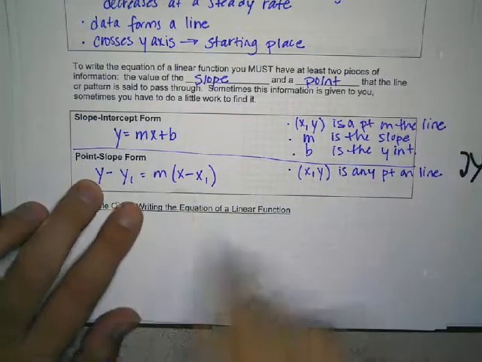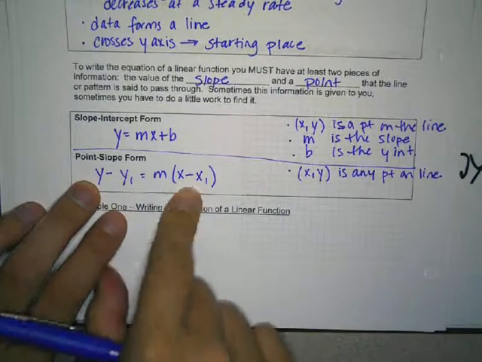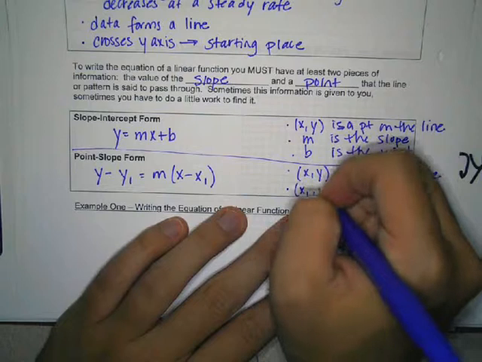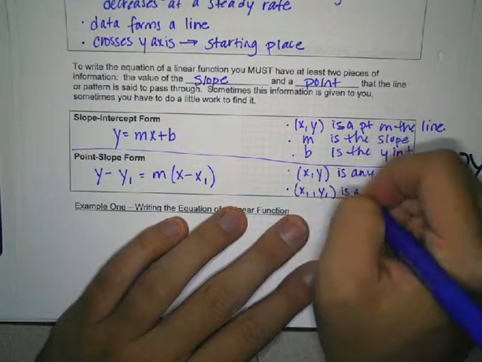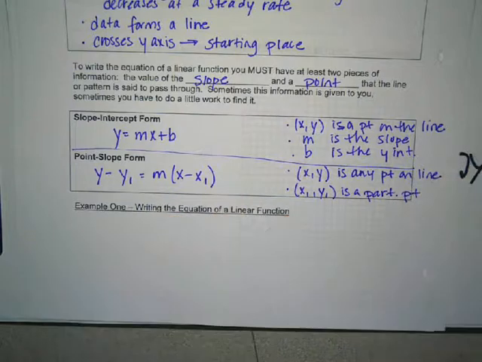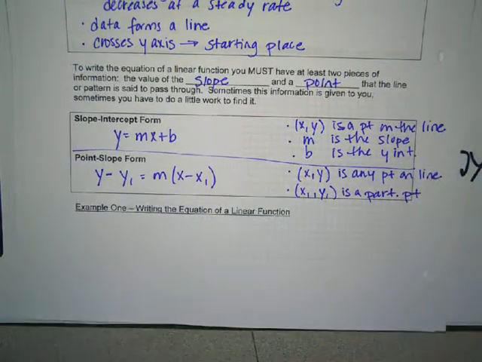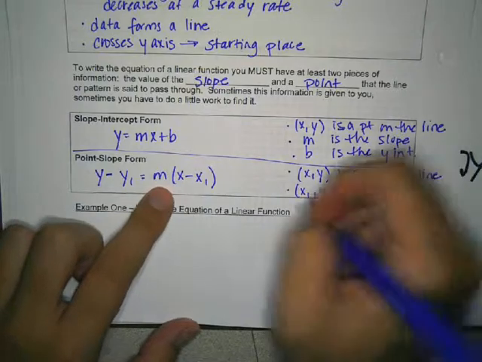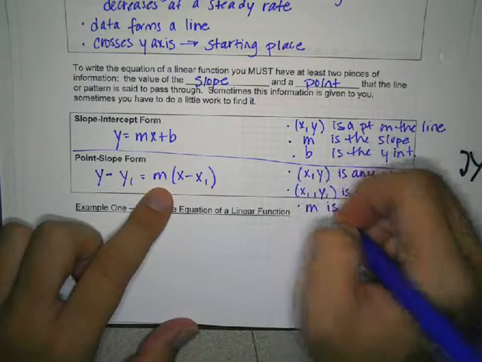That x and that y always stay when we write an equation. The x1, y1 is a particular point. So this is a point that's usually given to you. It says the line goes through the point 3, 2 or something like that. And m is the slope still.